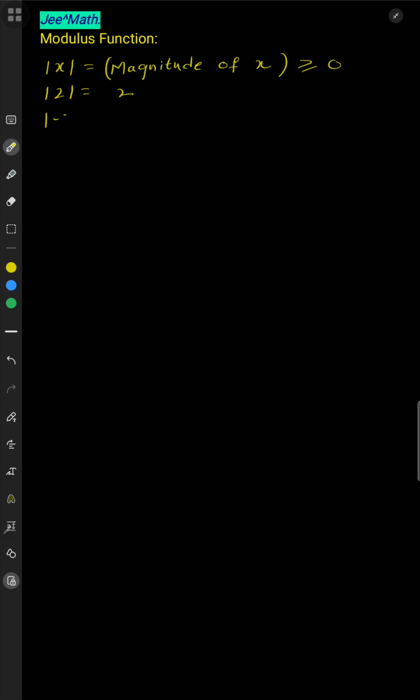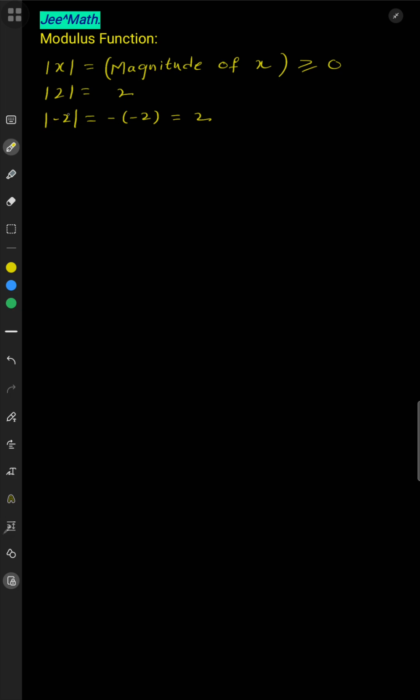Modulus of minus 2 is equal to what then? That means the magnitude of minus 2 is what? If I write minus 2, you compulsorily need to give one more negative sign before it to make the result positive. Why? Modulus means you need to get a positive result, right?